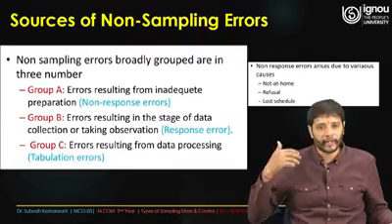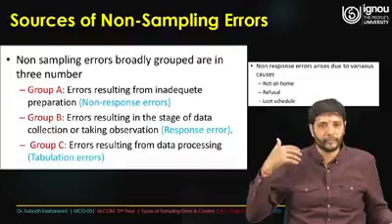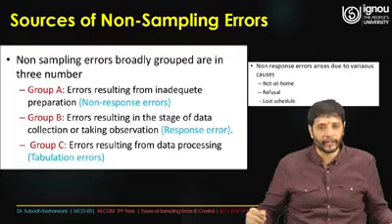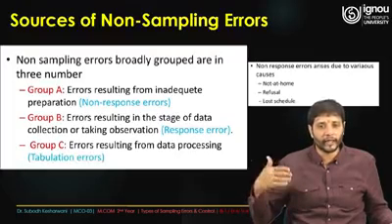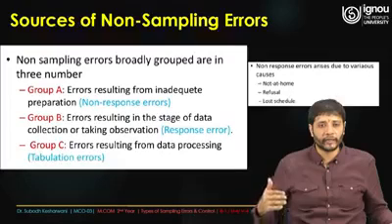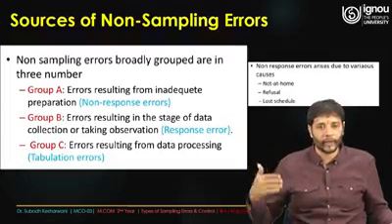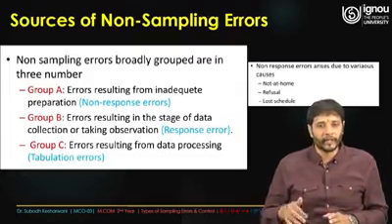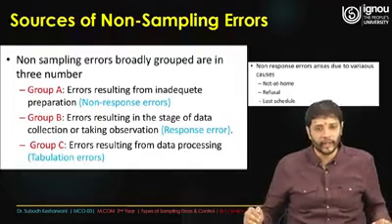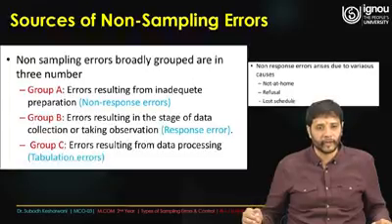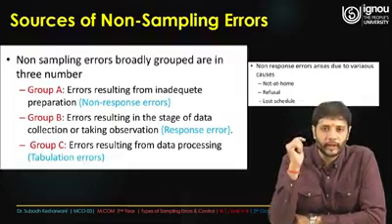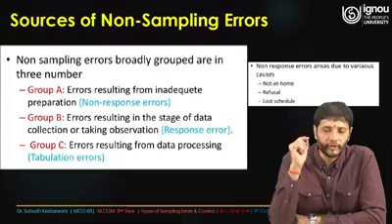Like when we have floated the questionnaires and they reached the respondents, we observed that respondents are facing certain issues which are somewhat confidential in nature, or are not able to answer some of the questions, or not able to fill in the answers in totality. So there are certain response errors, and there are also errors resulting from data processing, such as tabulation errors.